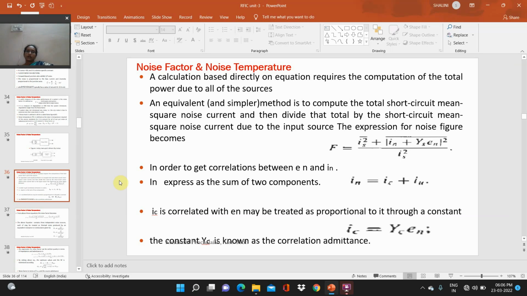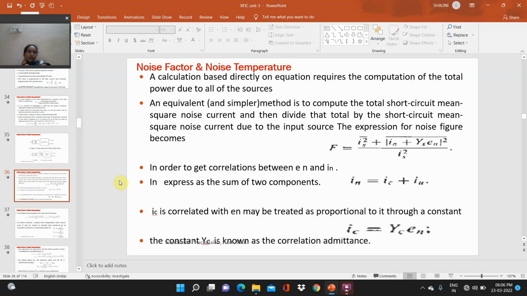The expression for noise figure becomes F is equal to I_s square plus |I_n plus Y_s E_n| whole square divided by I_s square. In order to get correlations between E_n and I_n, I_n is expressed as the sum of two components.